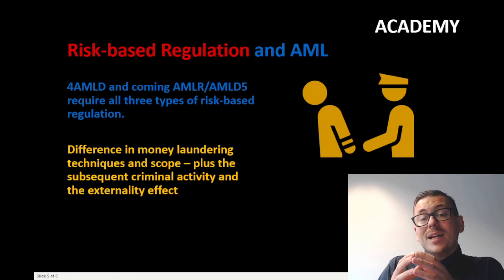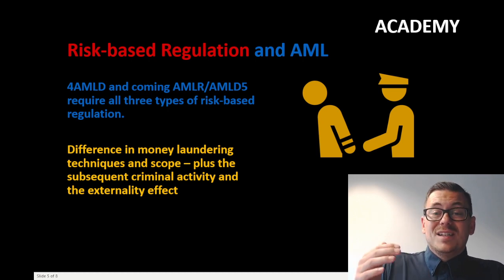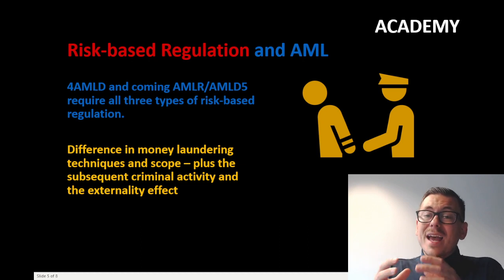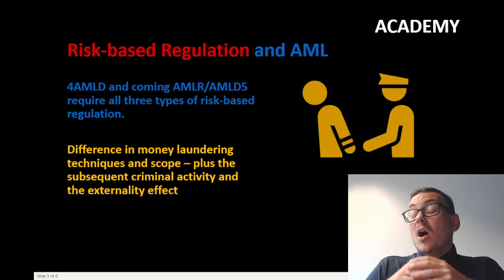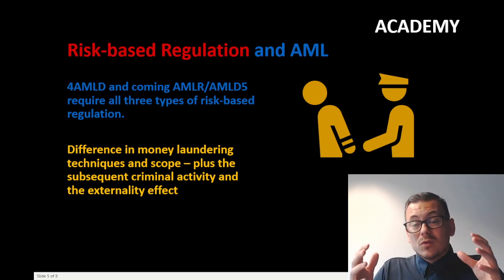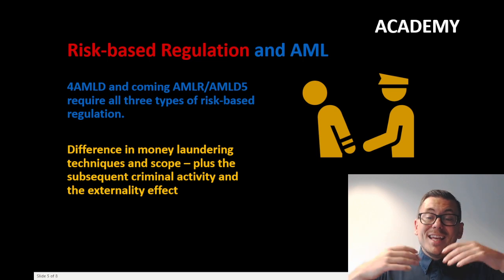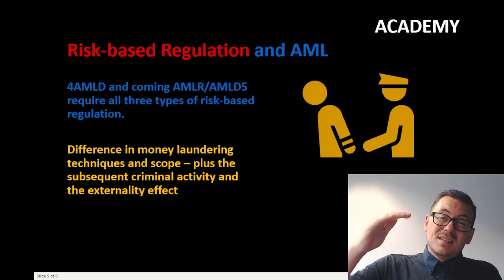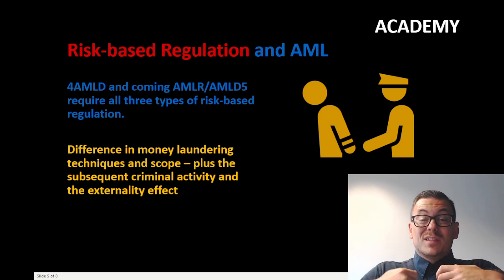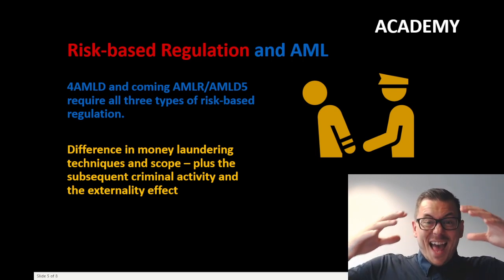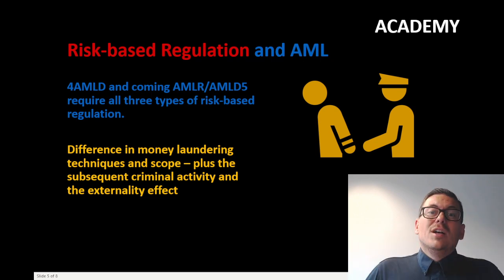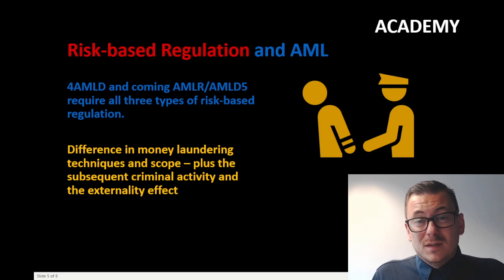That problem might not have a large externality effect on society, hence it should be mitigated on a risk-based approach by the financial entity. On the contrary, we also have organized crime that goes beyond borders, and here we see the other level, the systemic risk-based regulation, which needs to address how, between member states and at an EU regional level, we allocate our resources in an optimal way to counter these money laundering techniques and procedures.